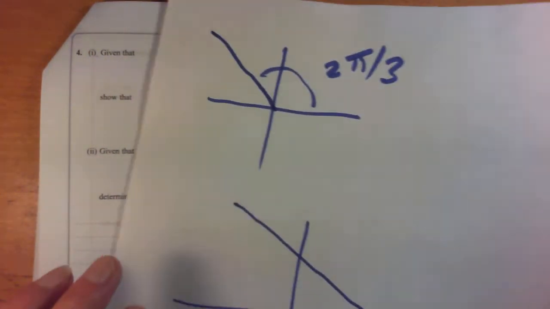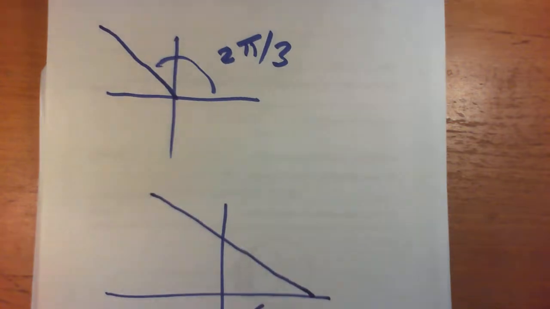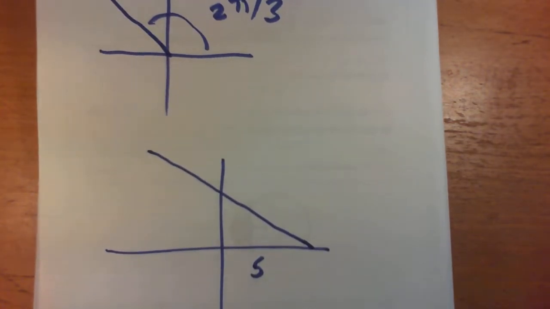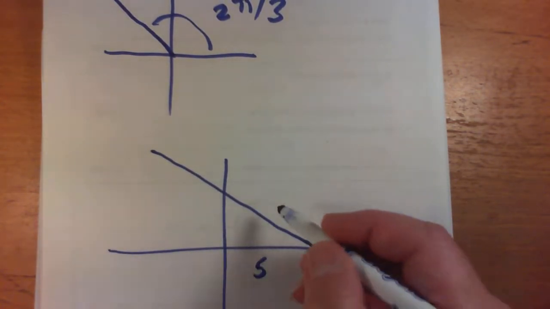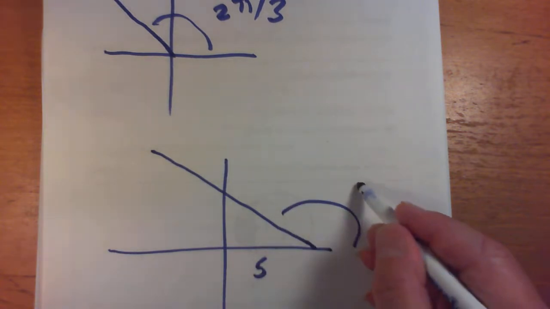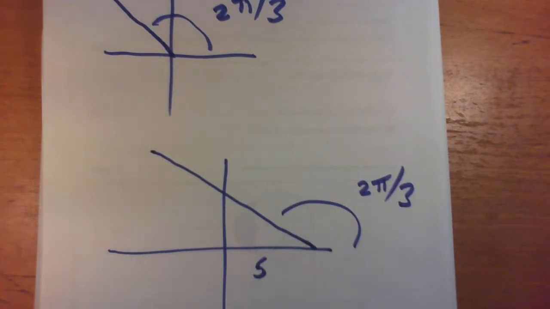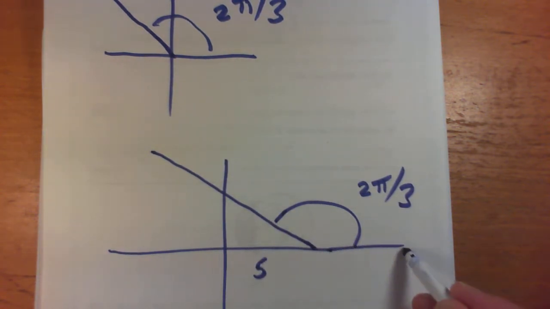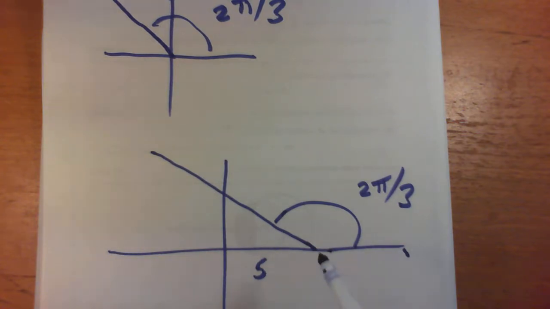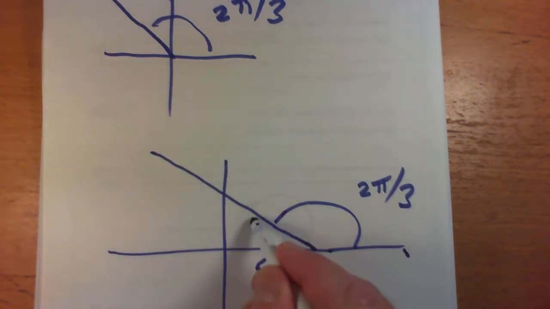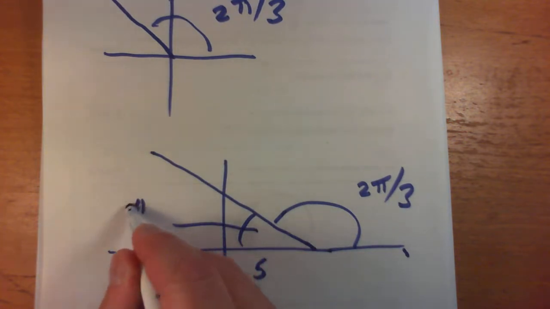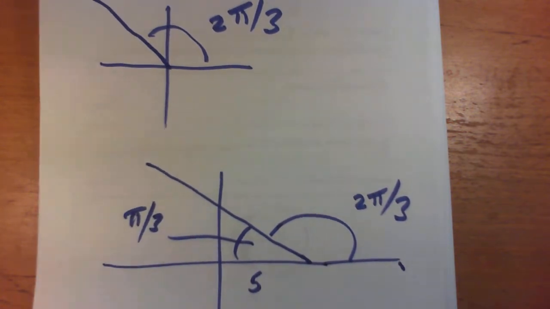Arg of z minus 5, so I've just taken arg z and translated it 5 units to the right. So that's 2 pi over 3, and so that one is pi over 3.